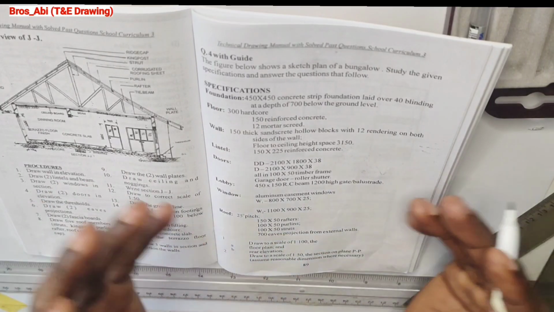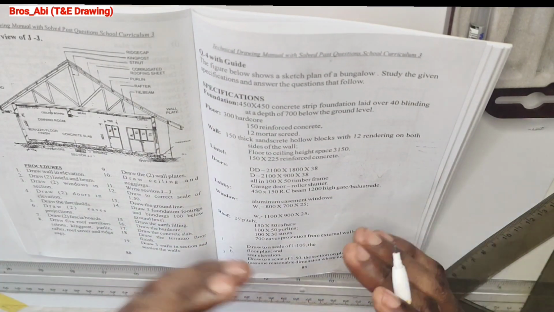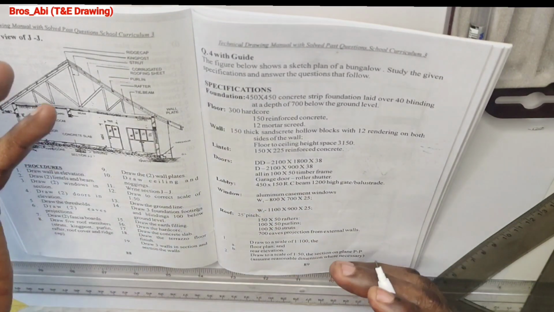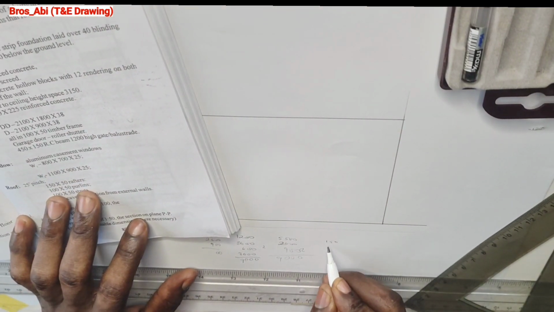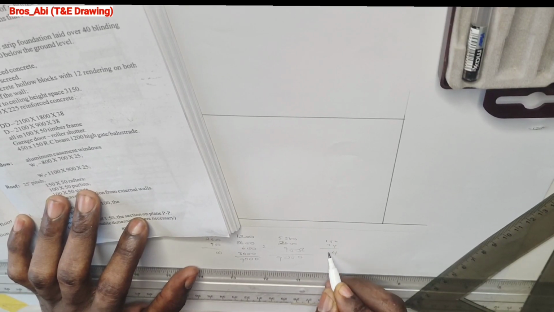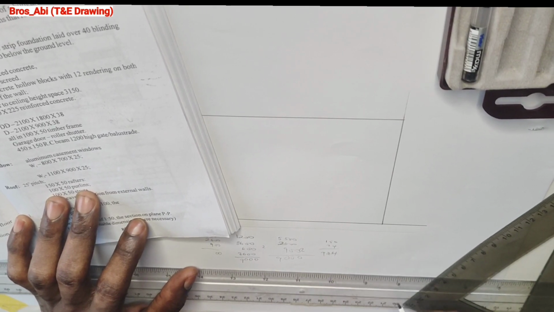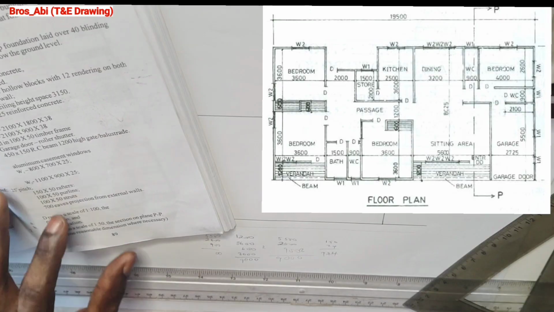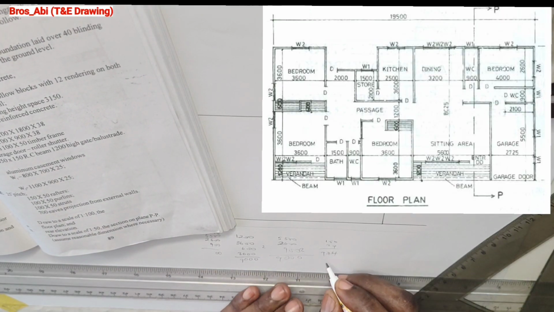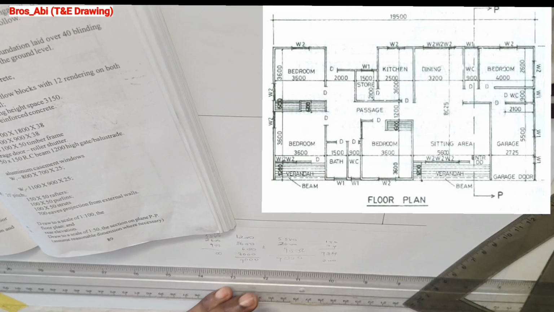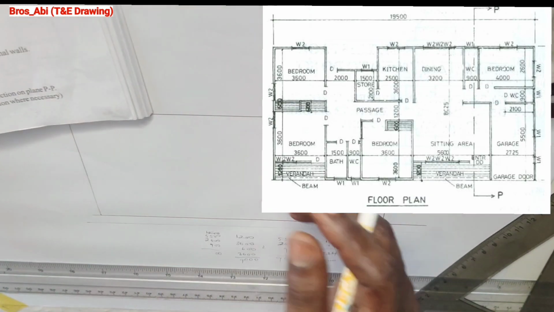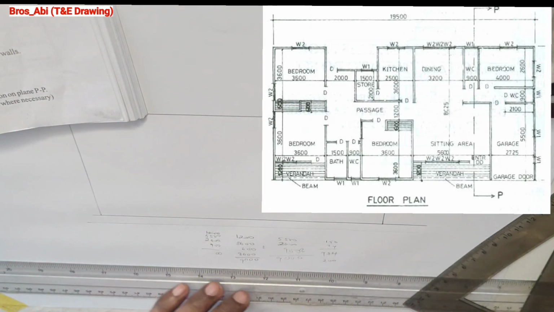So there is plastering on both sides, that's 12 inward, 12 outward, added together becomes 24, plus this 150, which gives us 174. Now we can round up to 200 and divide by 100, we have 2. So we are going to be using 0.2 for the dimensions of our wall.